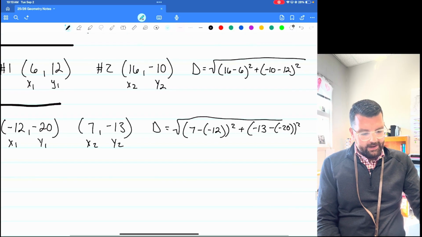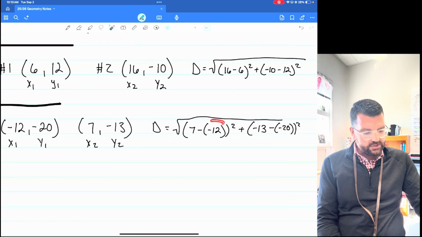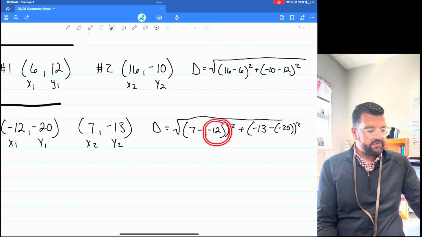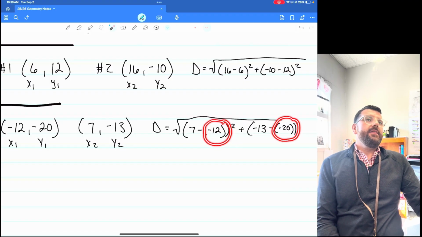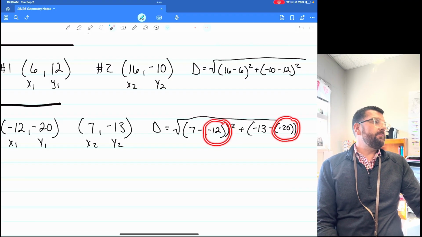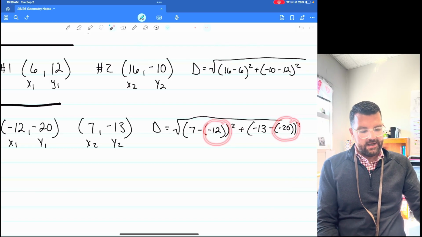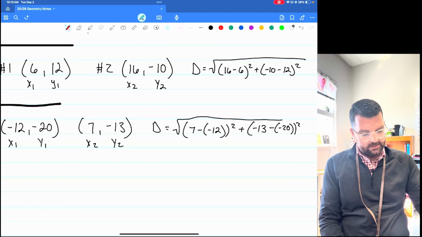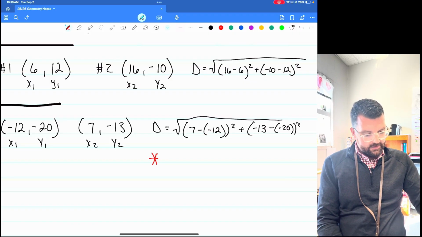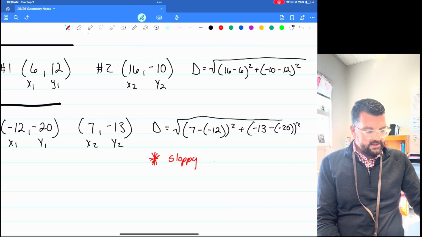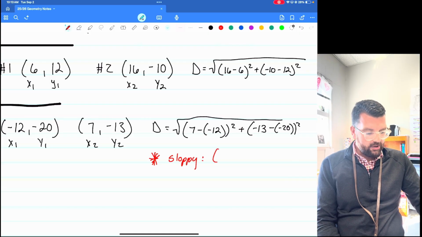And I'm highlighting this because I want to make sure that when I go to actually solve this formula, I know that those are negative numbers there. Sometimes my handwriting gets sloppy and I'll write 7.